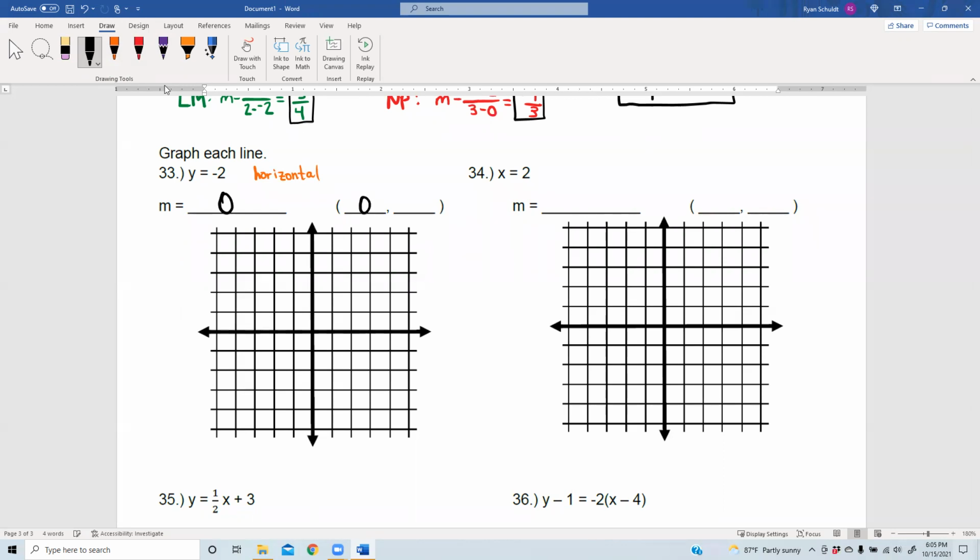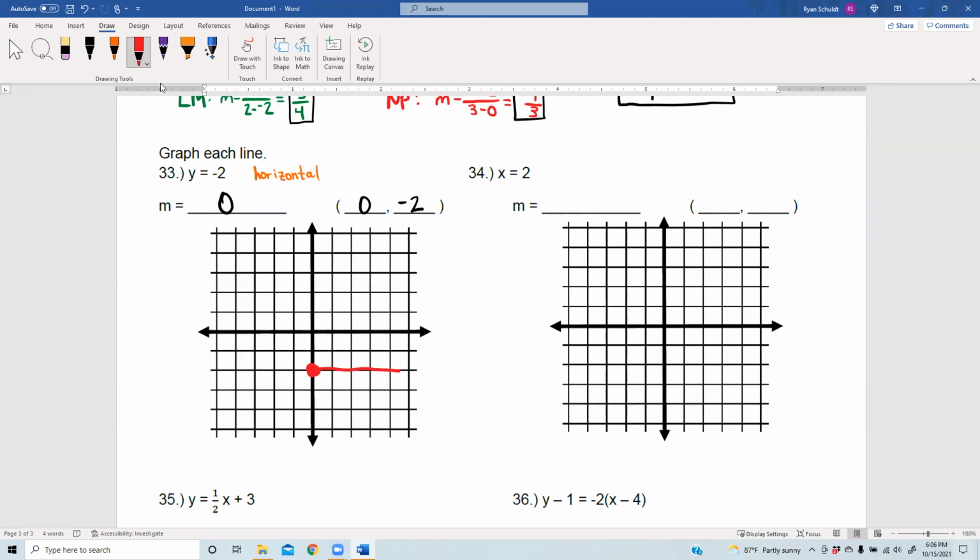So my point that I'll use is 0, negative 2. It'll put me a big old point at 0, negative 2 right there. And then it's just a horizontal flat line. Maybe I need to do this in another color other than black. Let's do red. There's my point.